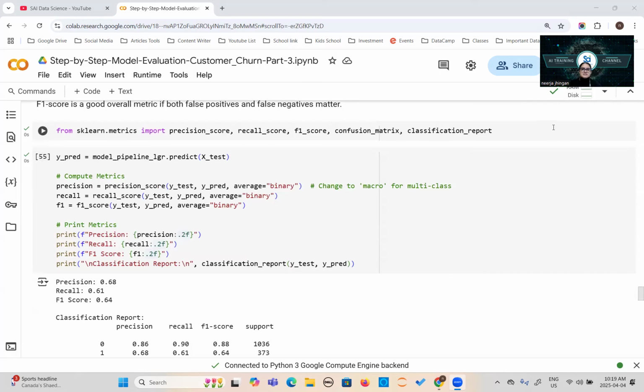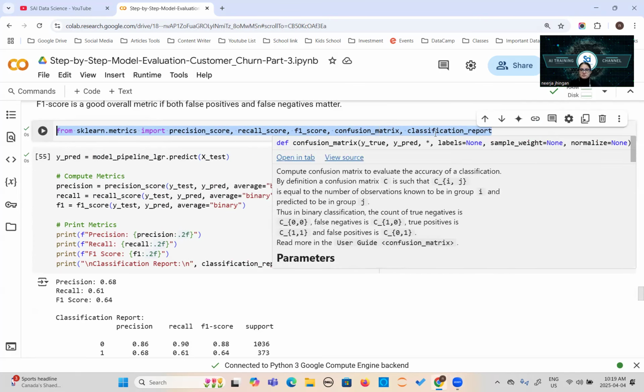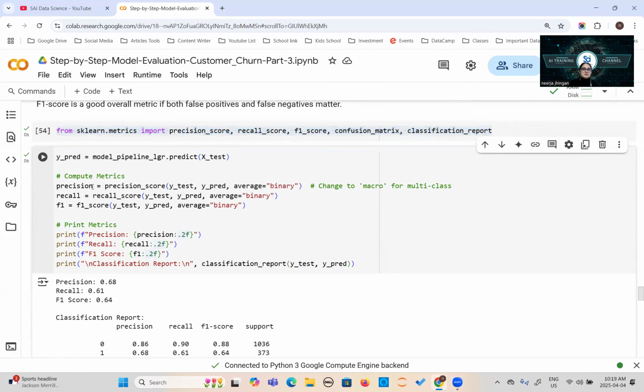Now let's start with the evaluation part. From sklearn metrics, you need to import precision score, recall score, F1 score, confusion matrix, and classification report. There is a difference between confusion matrix and classification report. I will show you, so stay with me till the end of the video. Look at this. When you run the existing logistic regression, I did not make any changes.